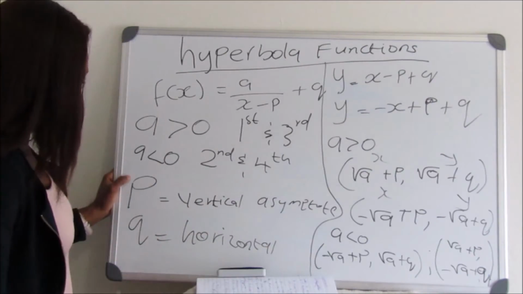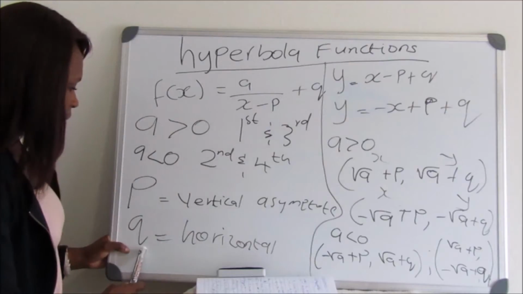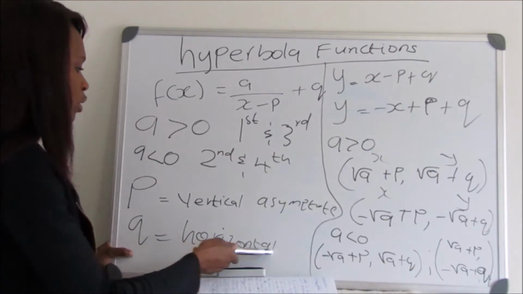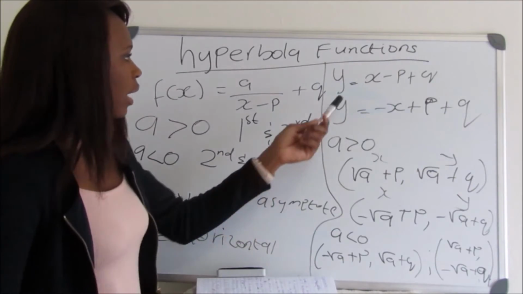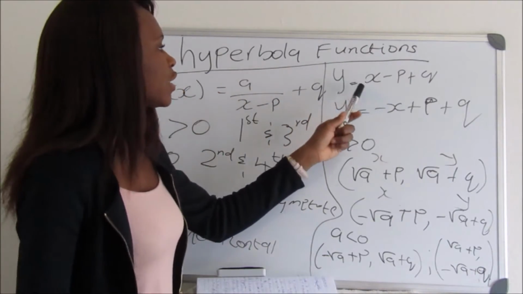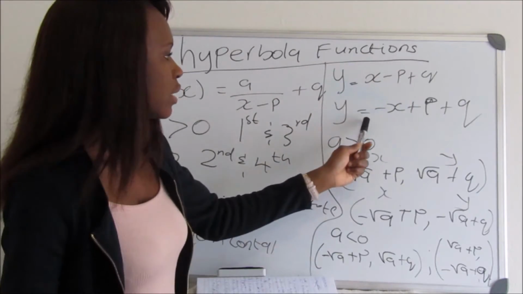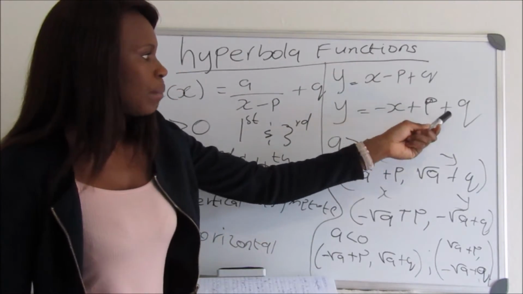Our p is the vertical asymptote, and our q is the horizontal asymptote. To find the axis of symmetry, the equations we use are y equals x minus p plus q, and also y equals negative x plus p plus q.